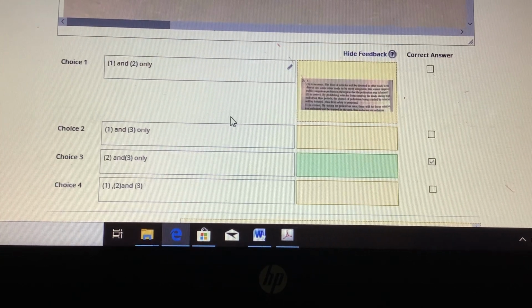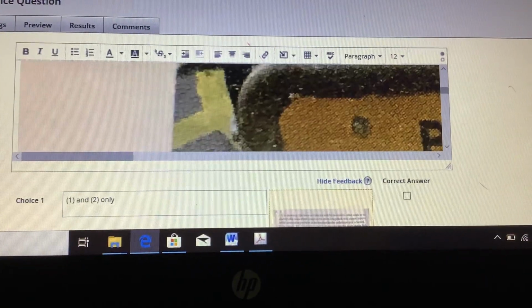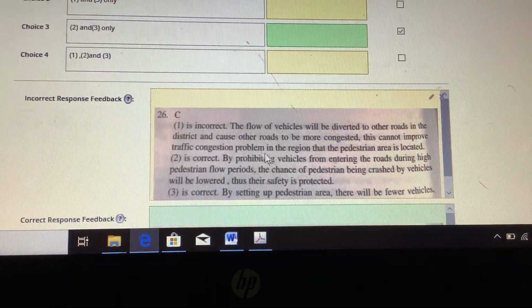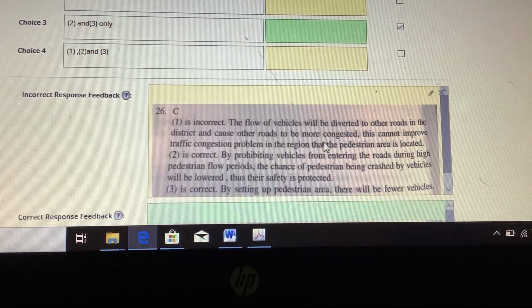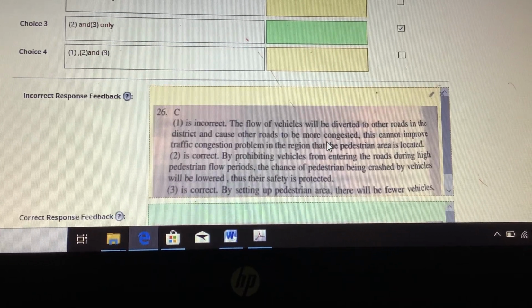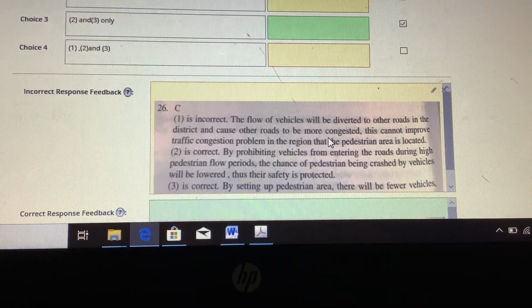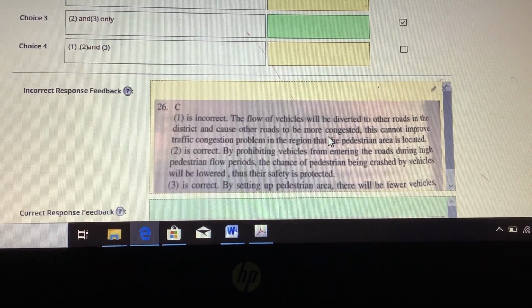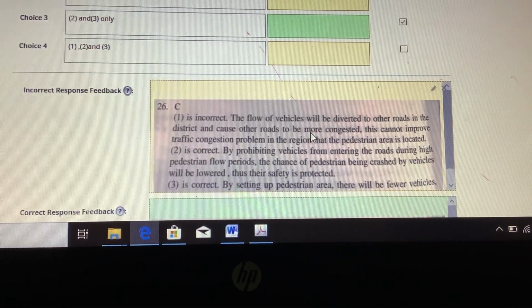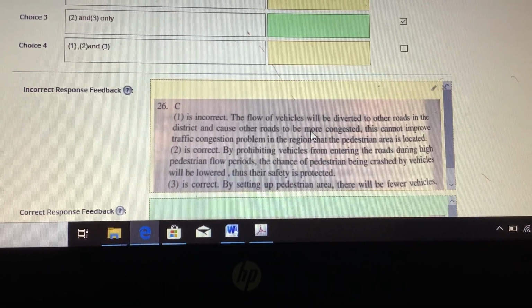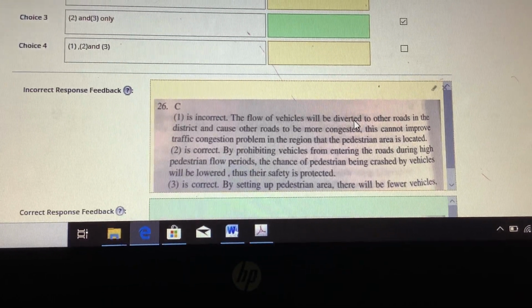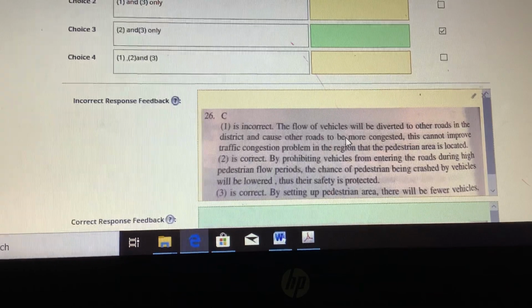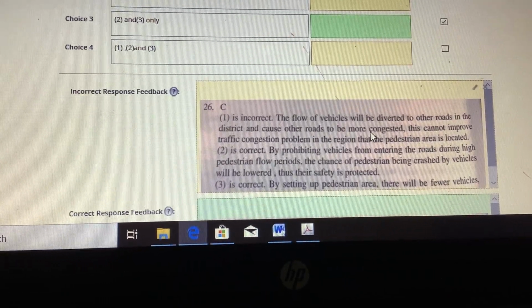Number 2 and 3. Why? Because for traffic congestion, a pedestrian area to a certain extent is going to make it more congested. It's just like the situation nowadays in Bangkok, where some of the roads are used for pedestrian areas. Previously there was even more pedestrian area, just like Siam Choi Street, but right now it's gone.